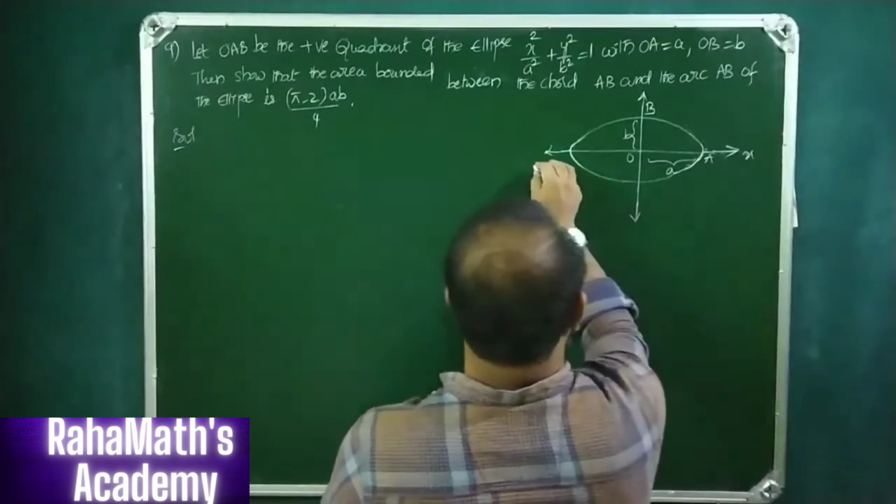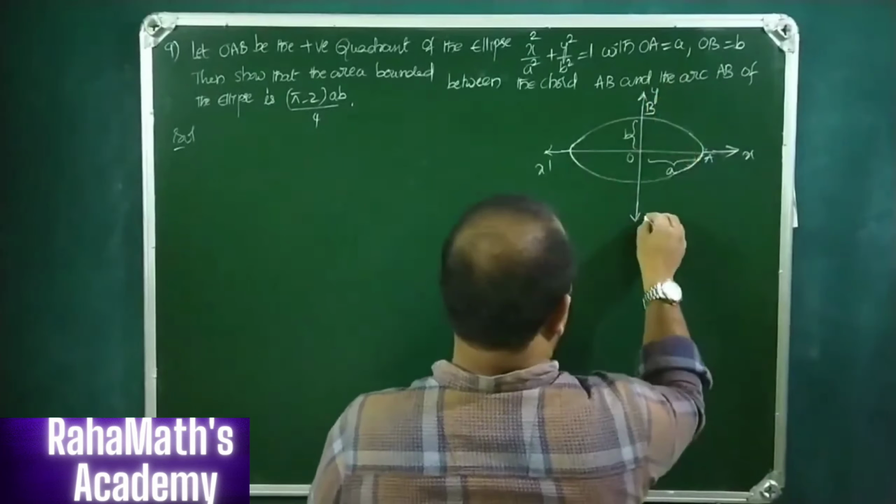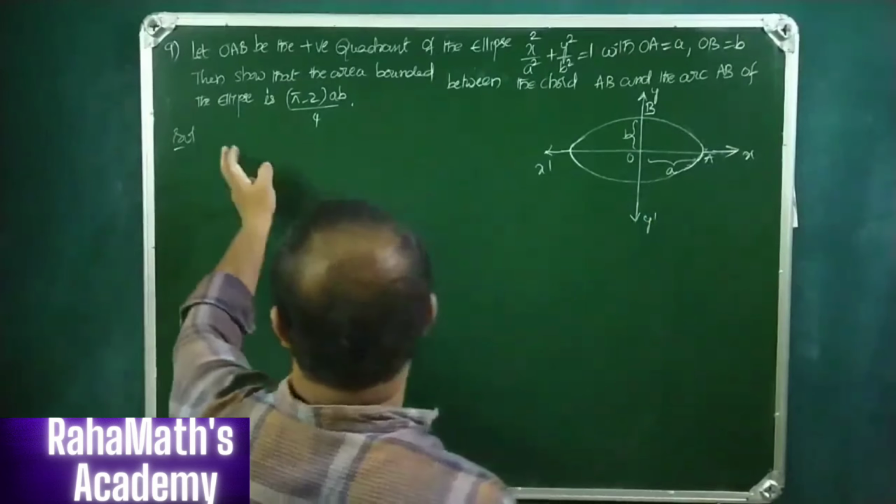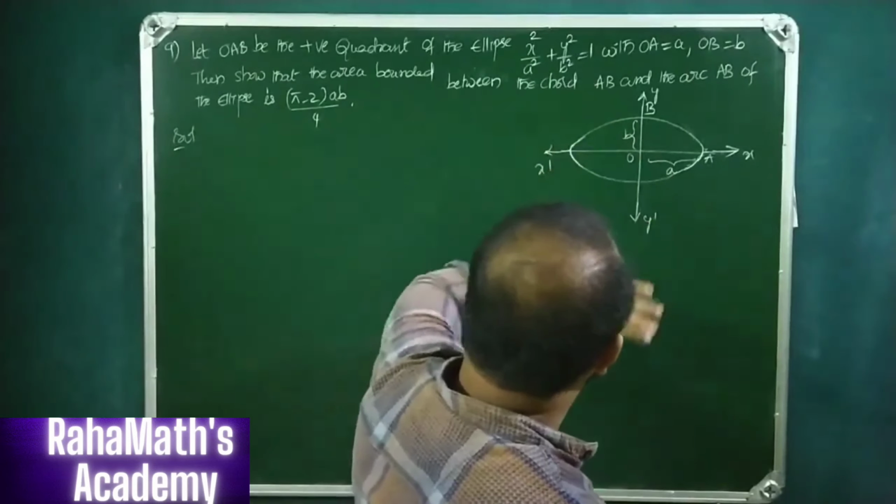This is the x-axis, negative x-axis, y-axis, negative y-axis. Then show that the area bounded between the chord AB.